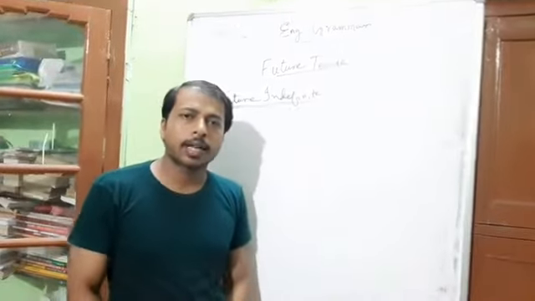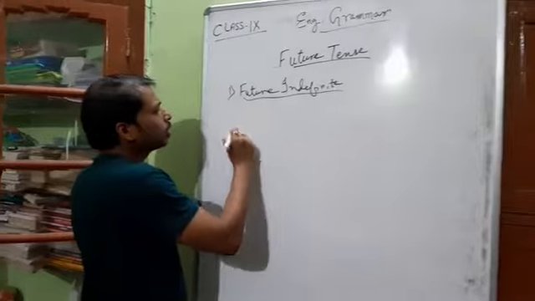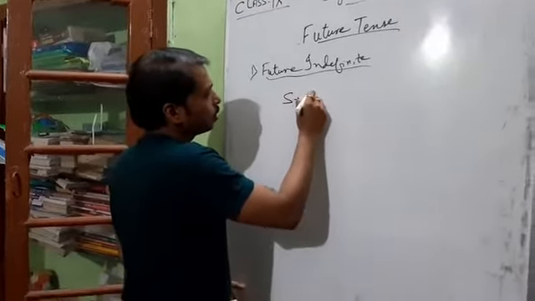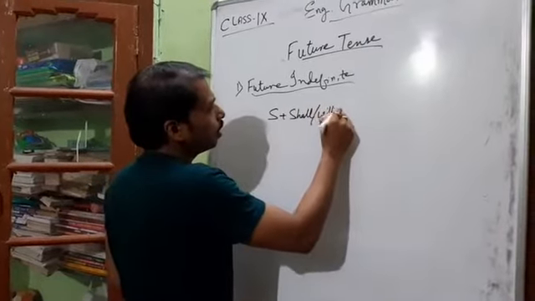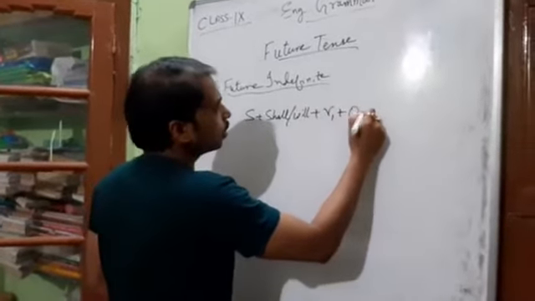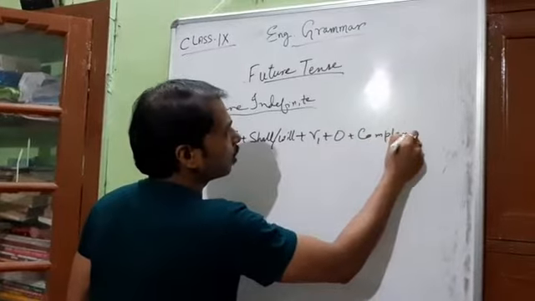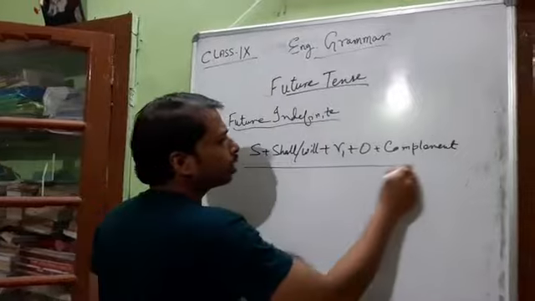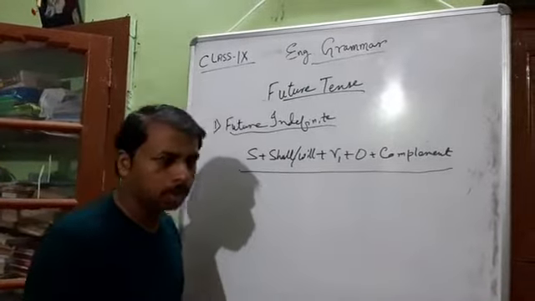Now let's come to the syntax of it. What is the formation of future indefinite tense? The formation is subject plus shall or will plus V1 plus object plus complement. This formation is for the assertive sentence.